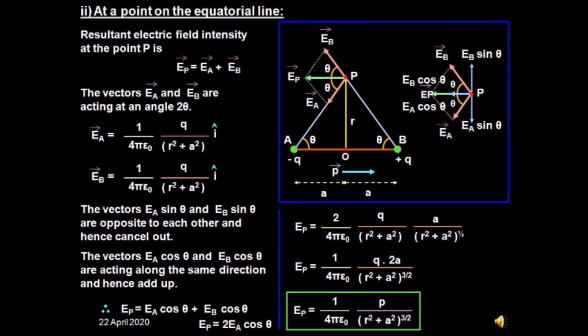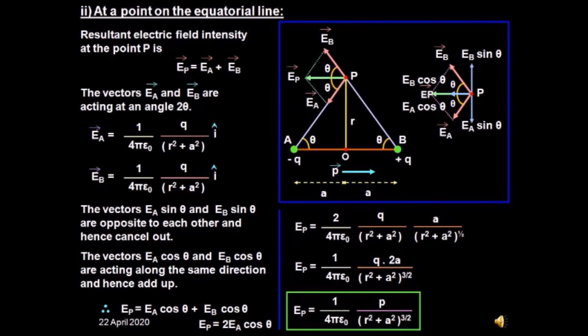Let us combine the powers of R square plus A square. So R square plus A square whole power will become 3 by 2. Next, Q into 2A is actually the dipole moment P, so we will replace it by P. So we will get the answer P upon 4 pi epsilon 0 into R square plus A square power 3 by 2. Now this is the exact formula.